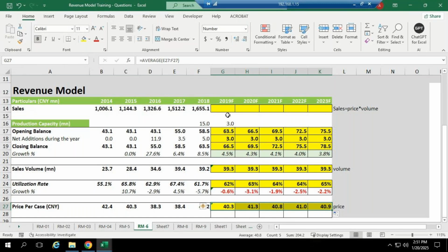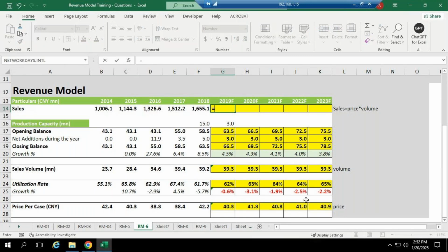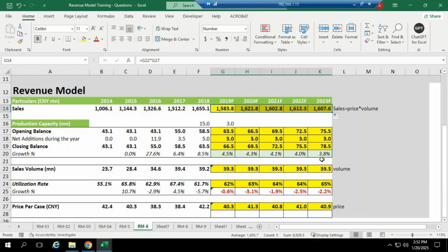So now what will be the sales here? Finally we have to calculate price into volume. What is the sales? Sales volume into price. Enter. In the same way you have to drag it over here. That's all.